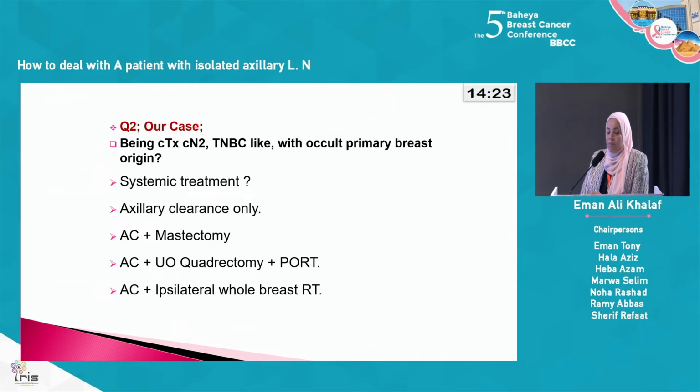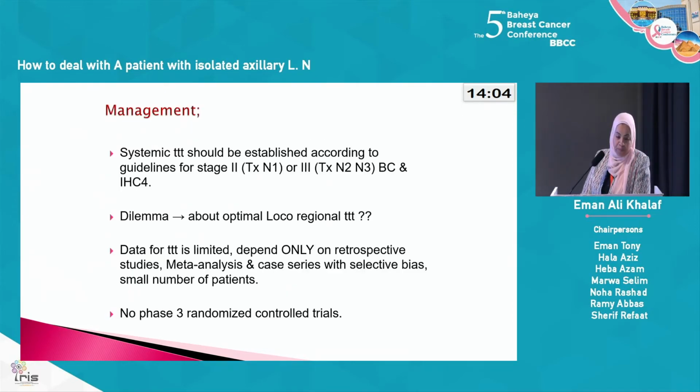What about the management? What about the systemic treatment? What about the local regional treatment in such a case? Would you go for axillary clearance only, or axillary clearance with ipsilateral mastectomy, or axillary clearance with upper outer quadrectomy and post-operative radiotherapy, or axillary clearance with ipsilateral whole breast radiotherapy?